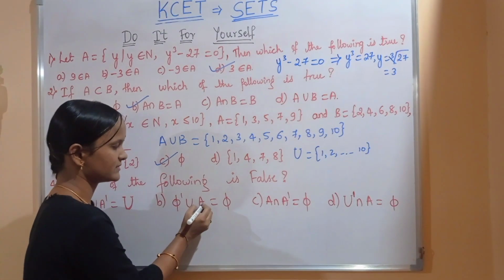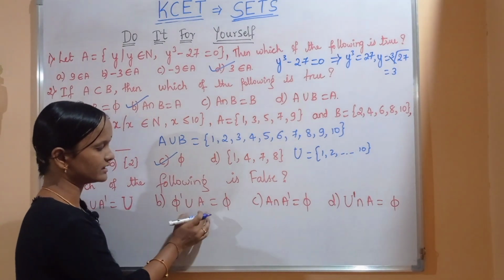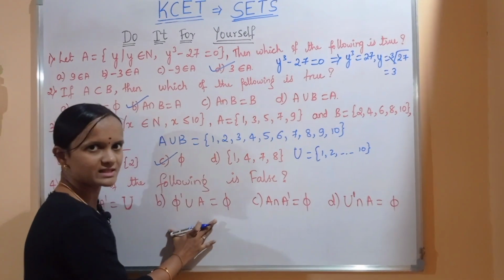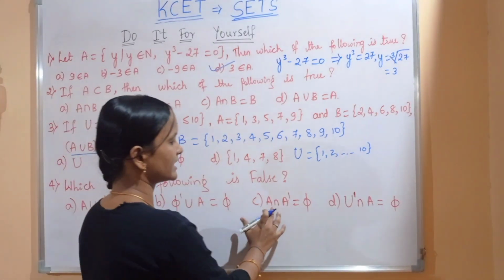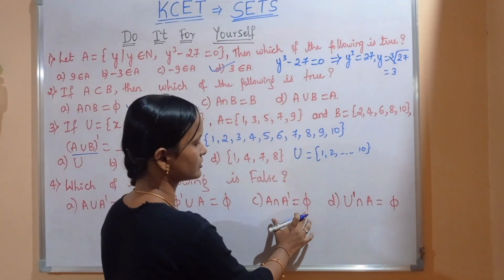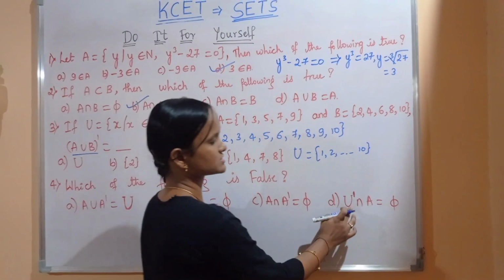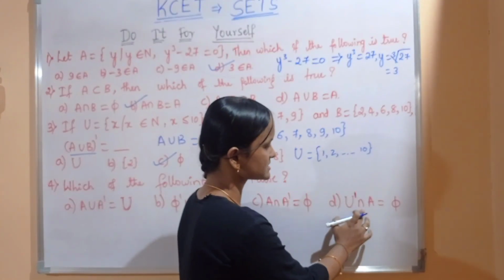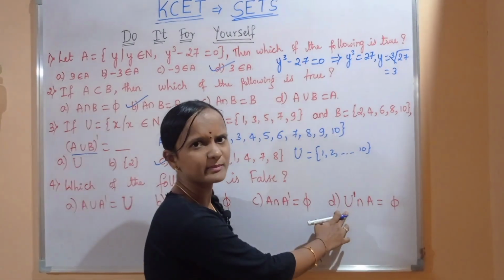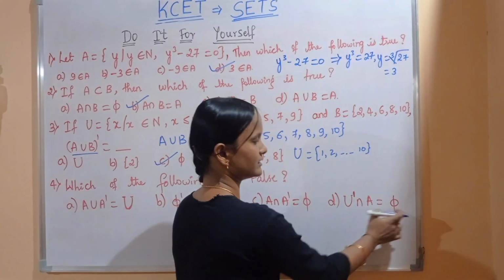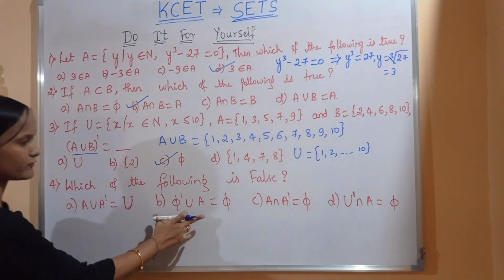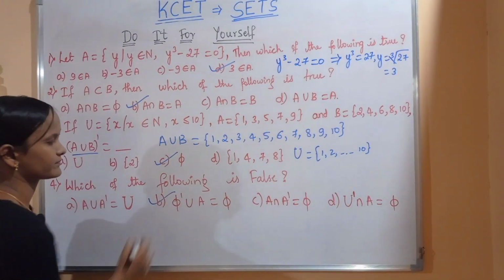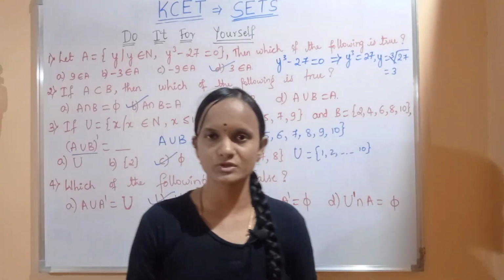Union A means all, so if we make the union, we will get the universal set, not the null set. Next, A intersection A complement is equal to null set. This is true. Next, universal complement intersection A. Universal complement means null set. Null set intersection A is null set. Therefore, the only false statement is this one. I hope you understood these problems.